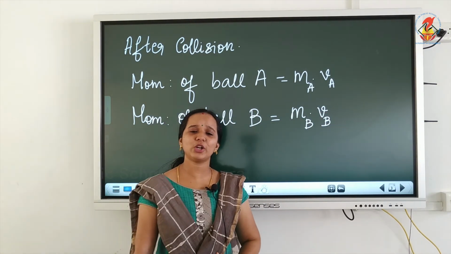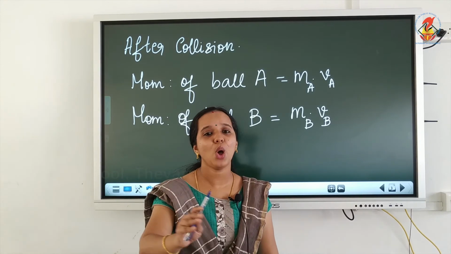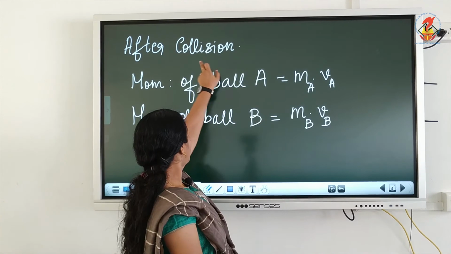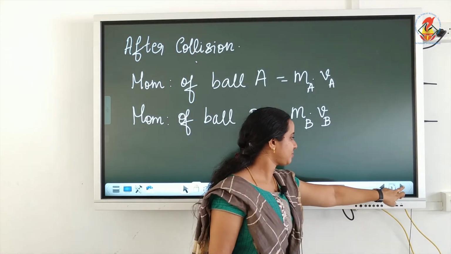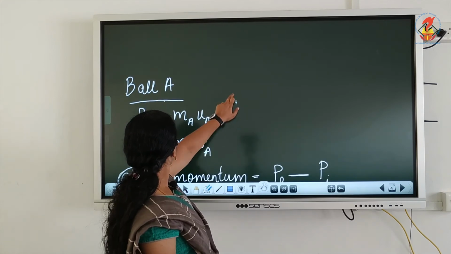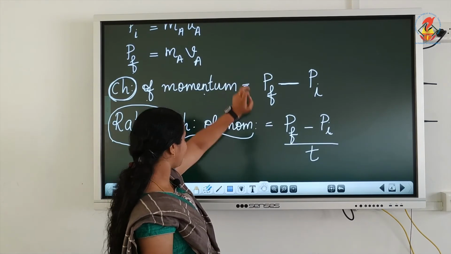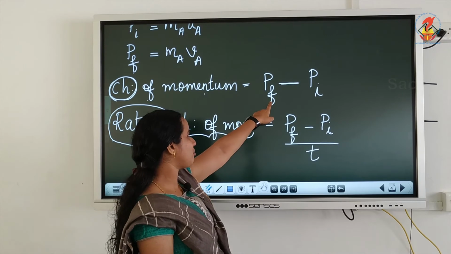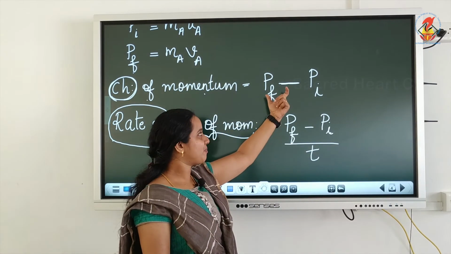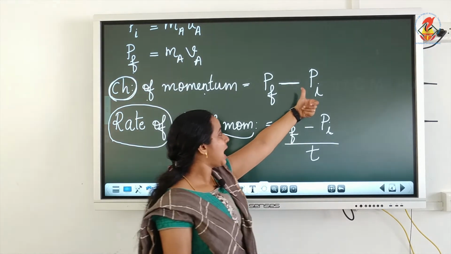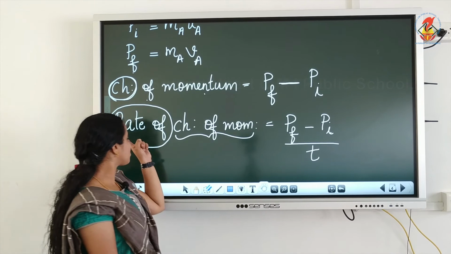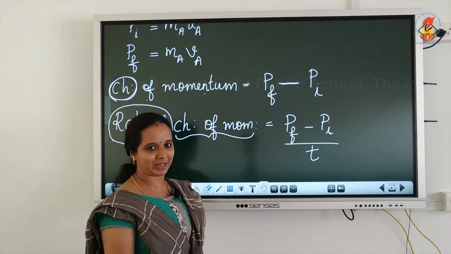Again, the formula to find momentum is mass into velocity itself. So we found both the momentums after collision. Now the next step was, we found the change of momentum. To find change of momentum, the formula is PF minus PI, where PF is the final momentum and PI is the initial momentum.